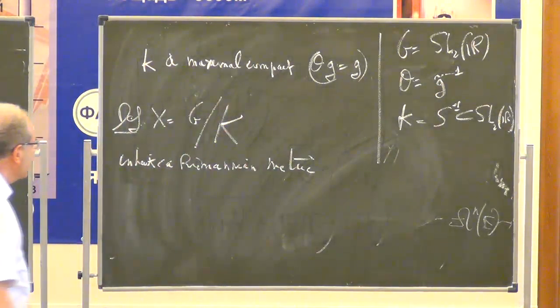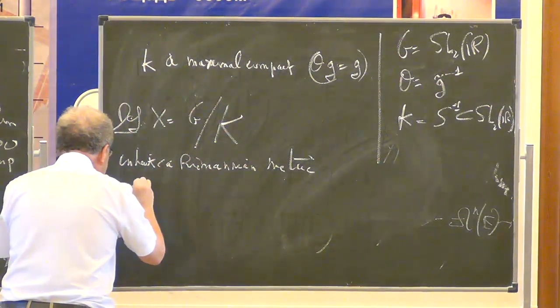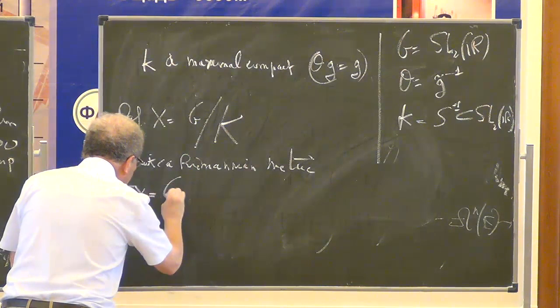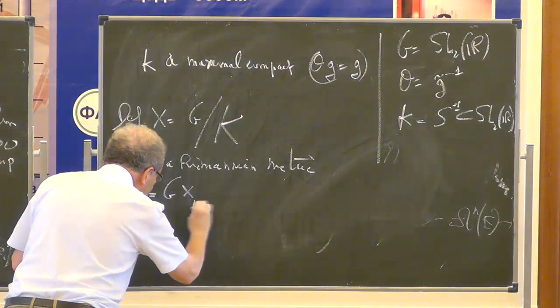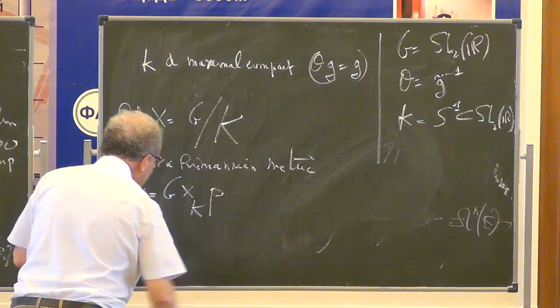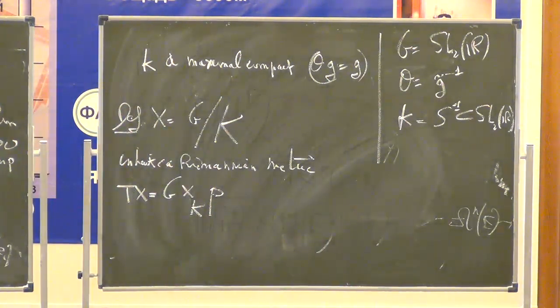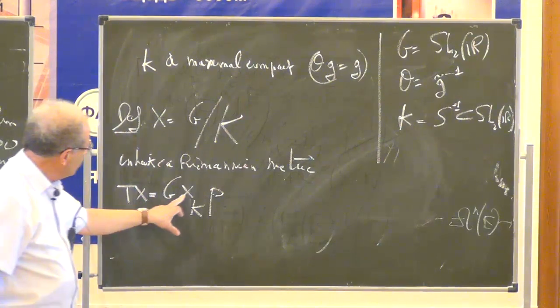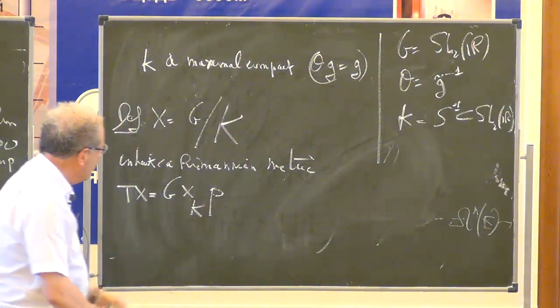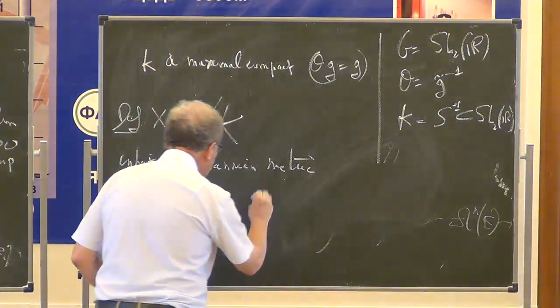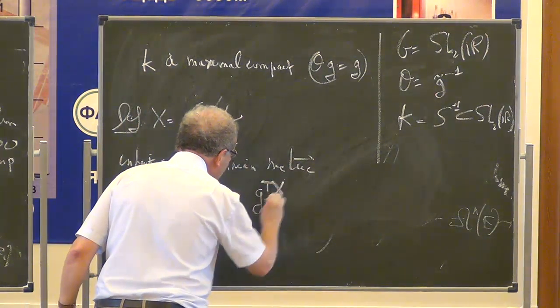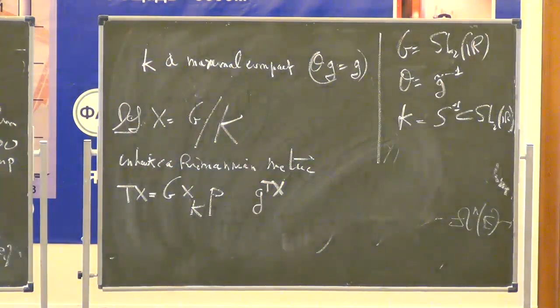This is because it's very easy to see that TX is just a quotient bundle, G times over K of p. The group K acts on p, and it preserves the splitting. This action being isometric, there is a canonical Riemannian metric g^TX on X. So X is a Riemannian manifold.